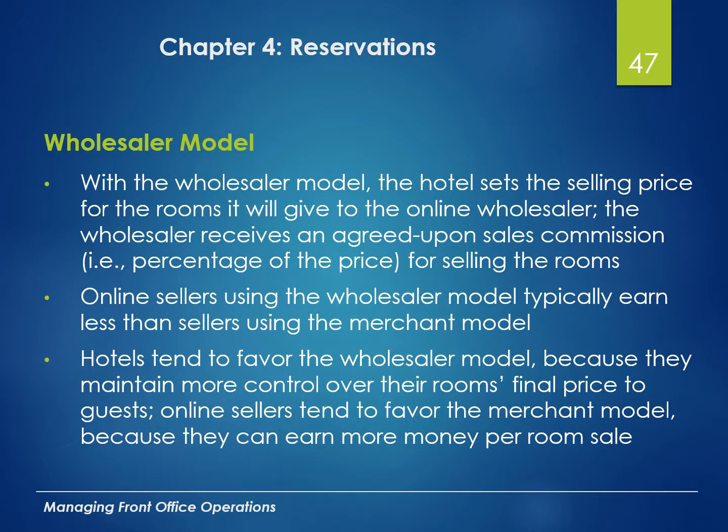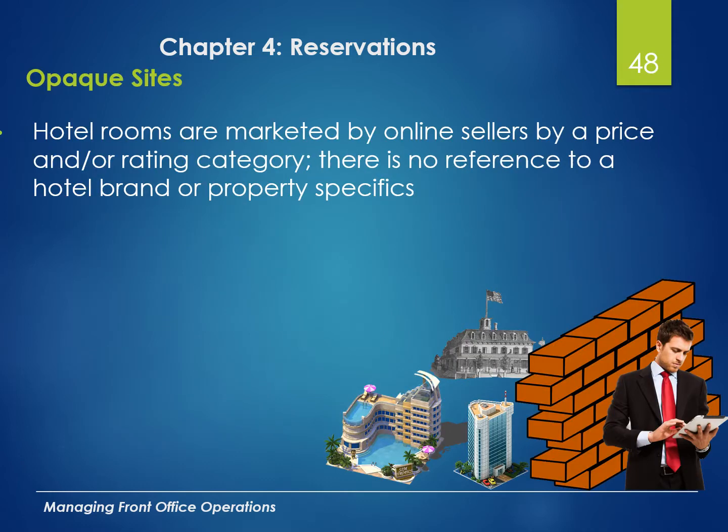Whereas with the merchant model, they sell a room to the merchant, and that merchant can sell it for whatever they want. As a result, the hotels only get that specific amount, whereas in the wholesaler model it's based on a percentage commission. So they still have more control over what their hotel room is going to go for.